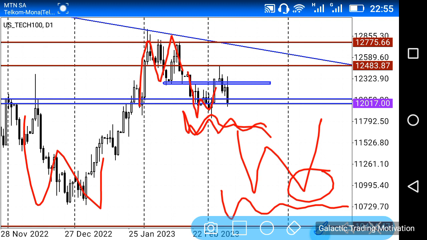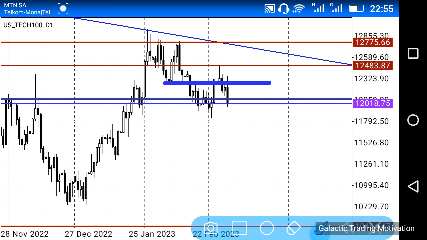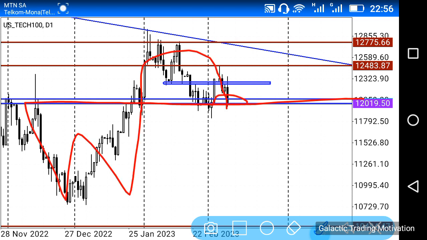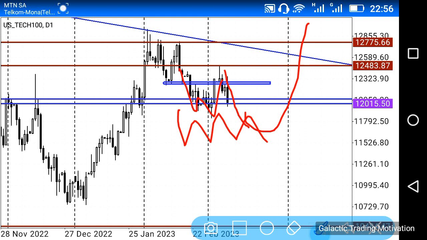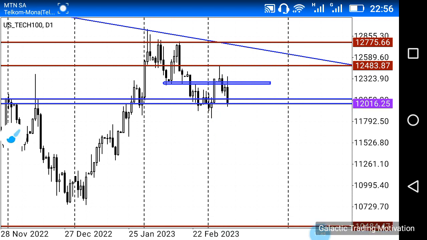And what may possibly happen is that, as much as I've said that at this point where we have the neckline of that huge W structure, we want to see price bouncing off this point and then pushing further up, what may also possibly happen is we might see a slight stop hunt to the bottom of this smaller W structure to trigger all of those stop losses that are sitting here, and then we might potentially see the market push further up. So that's another possibility that we need to keep in the back of our minds.